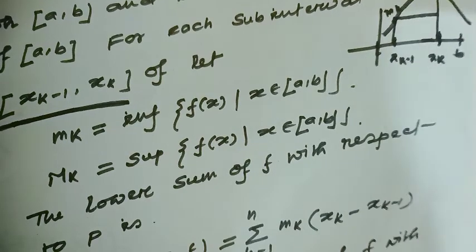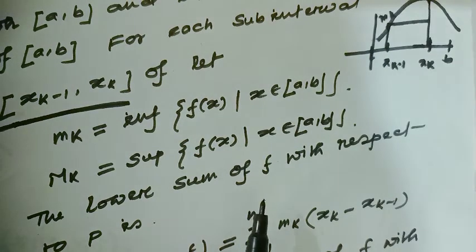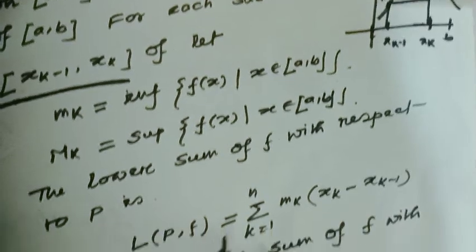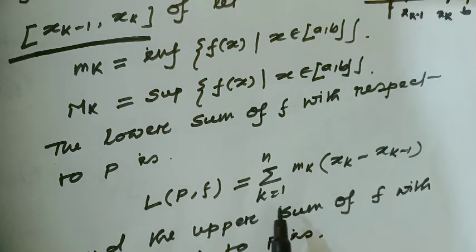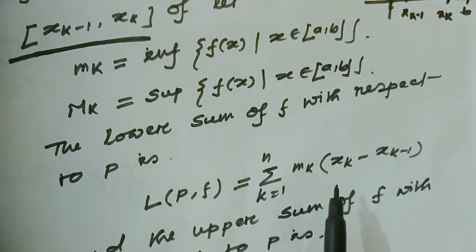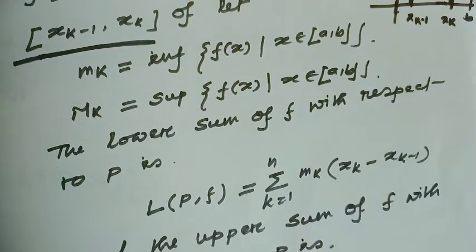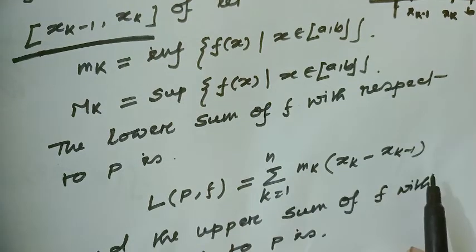I have defined the lower sum and upper sum, which is actually each rectangle in the subinterval. I have defined the lower sum of the function f with respect to partition P as L(P,f) equal to the summation k equal to 1 to n of small mk times the length x_k minus x_{k-1}.